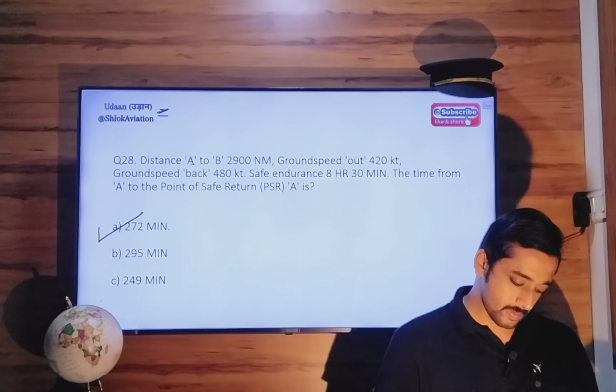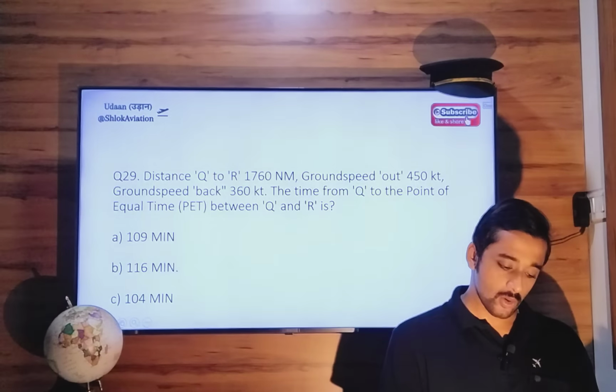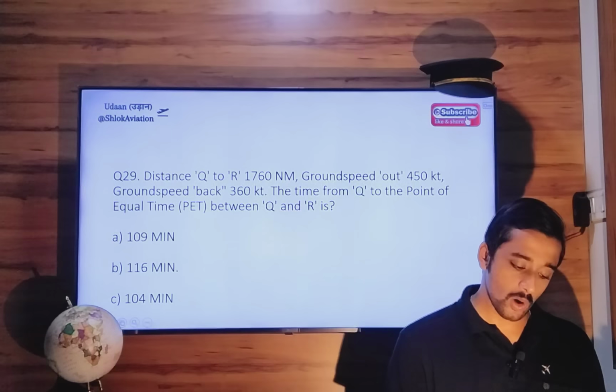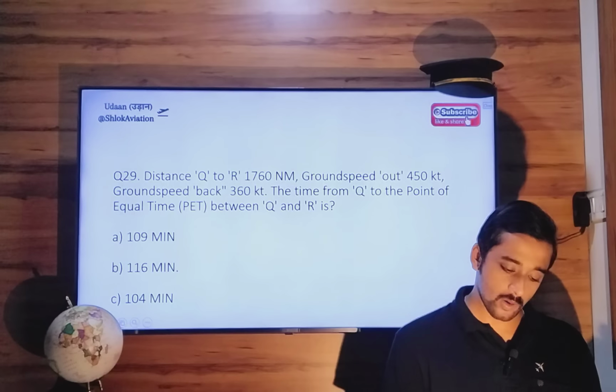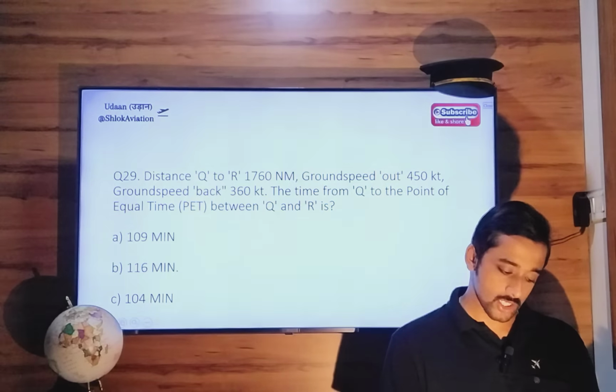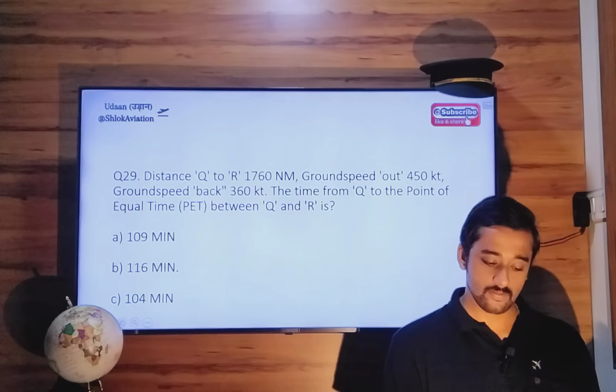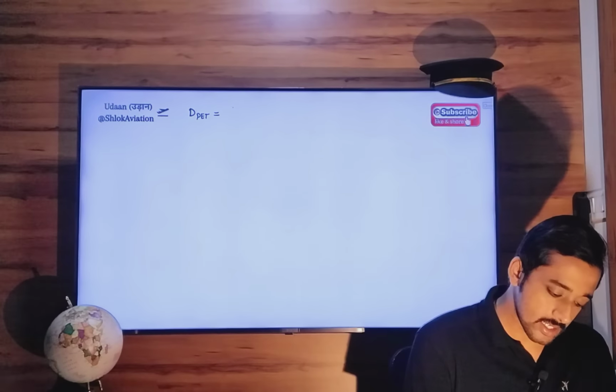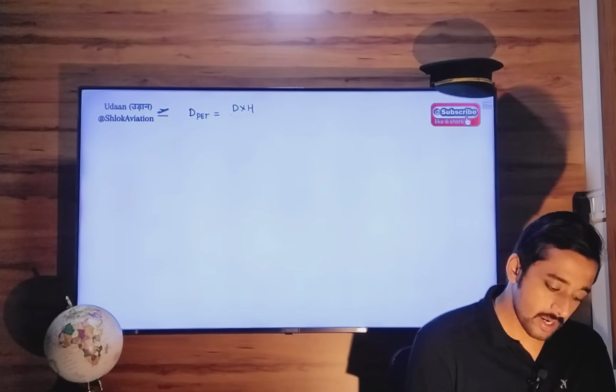Option alpha. Next, similar question. Distance Q to R is given. Outbound speed, homebound speed is given to you. The time from departure to the point of equal time is what? So first we have to find distance to point of equal time or critical point, that is total distance into homebound speed divided by outbound plus homebound.